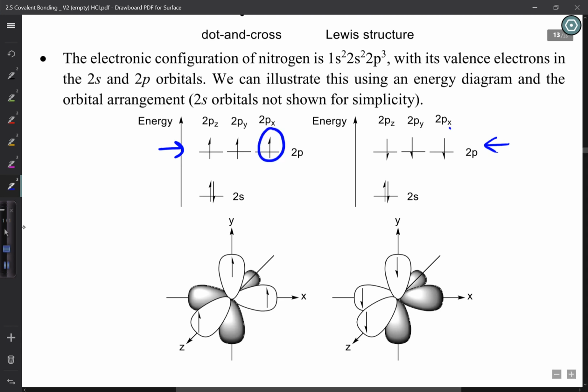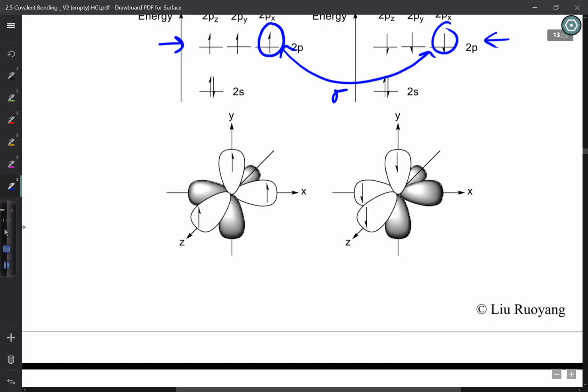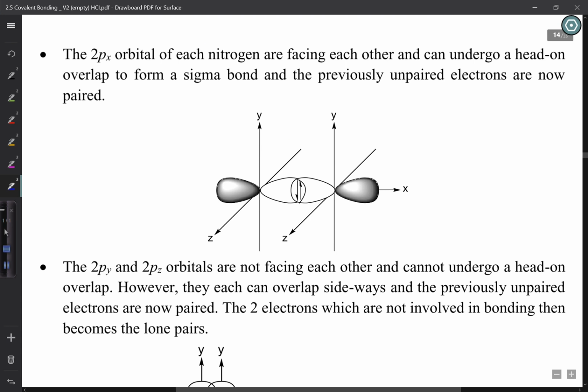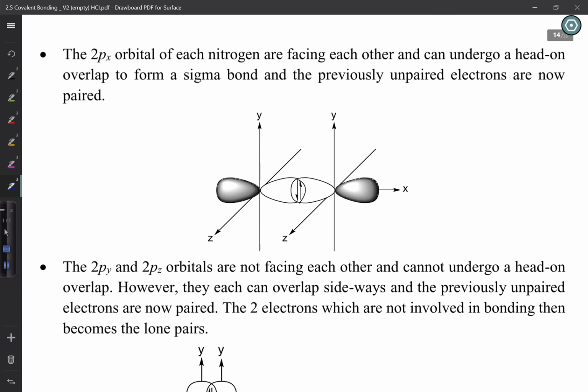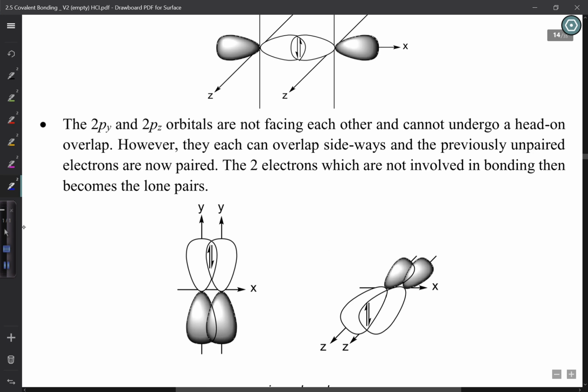So same thing, we're going to treat them differently. The 2px is going to overlap head-on with the 2px, right? To form a sigma bond. So that's how the first interaction is formed, which is on the next page, this sigma bond. And then we have 2 sets of orbitals which contain 1 electron each. So how are we going to deal with them? Basically, we have the 2py orbitals, each of them contains 1 electron.